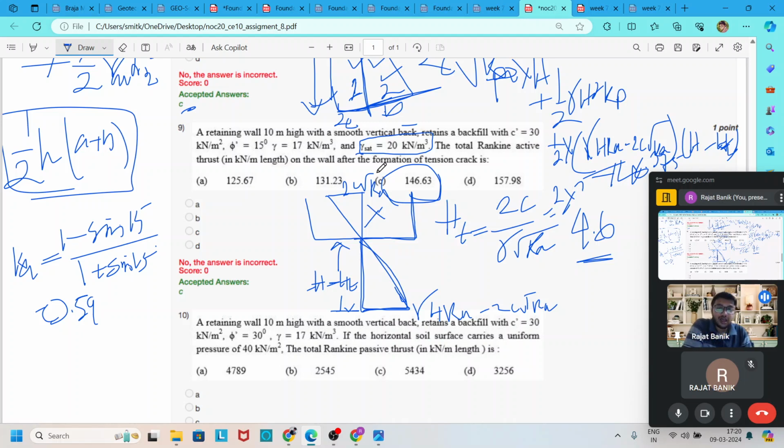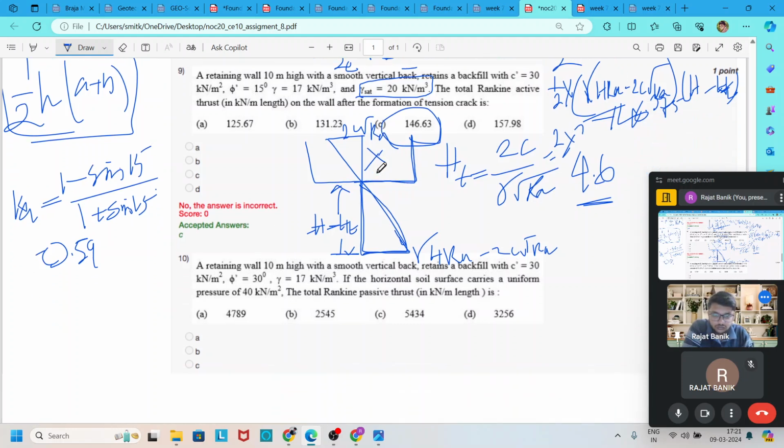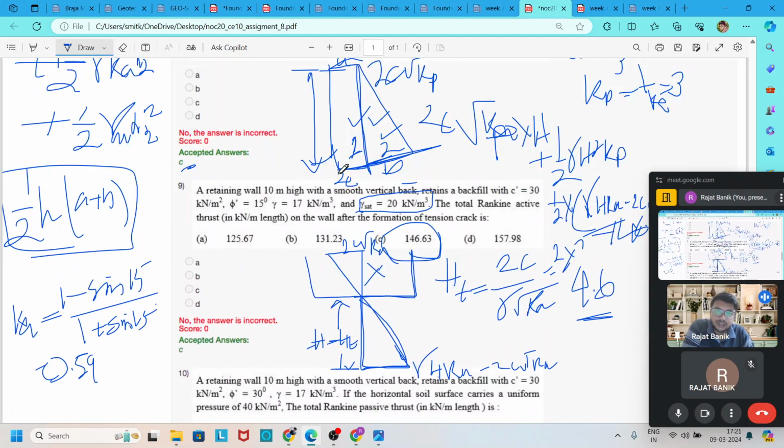So we neglect the upper portion of stress up to the tension crack, and then calculate the active thrust below the tension crack. Now I think it is understood by everyone. It is a little bit difficult problem.